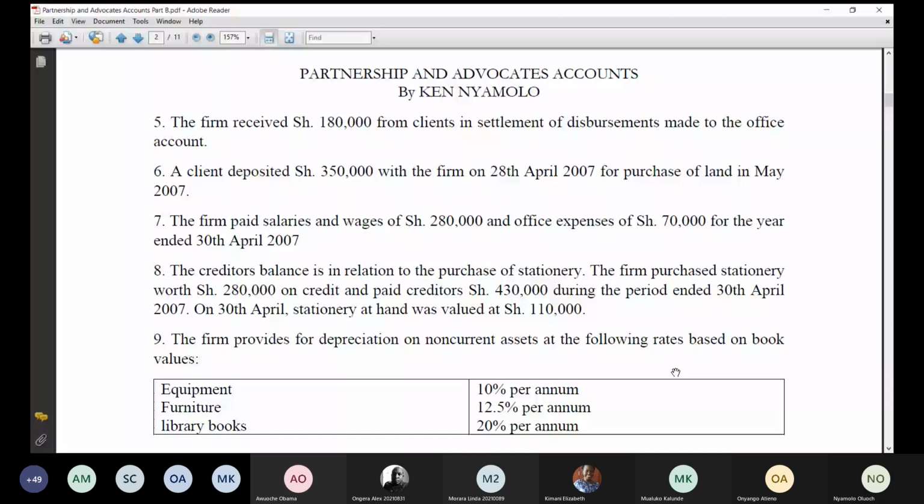He's telling you, you've been given the opening balances, you've been told what was purchased, you've again been told of a story of stationery that was purchased, but at the end of the period, this stationery that was purchased at 280 was now valued at 110, the net realizable value, what we call it.